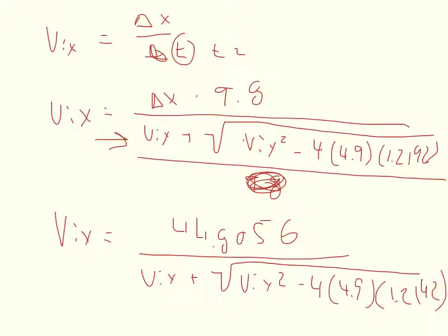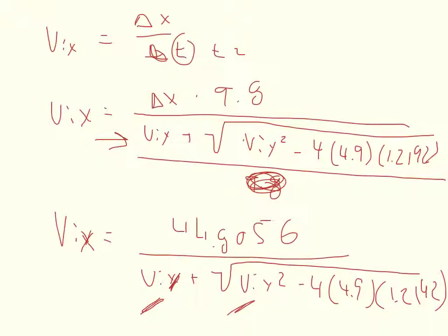Now we see that there's only one unknown variable on the right side of the equation. It's v initial y. It's hard to distinguish the difference between my v initial x and my v initial y, I apologize for that. But we just said that we can pick v initial y as long as that value is greater than 4.888386.